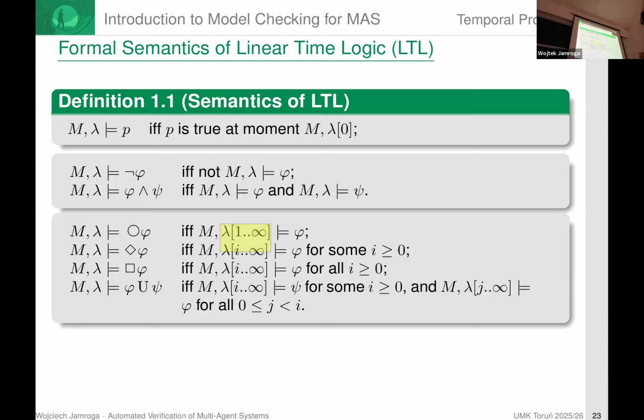But then, so this is very mathematical, and for mathematics, infinity is not a problem, right? But there are much more efficient algorithms that allow you to verify things, doing only finitely many checks, and sometimes quite few checks. So indeed, here you need to check whether phi holds on all lambda, and then if it holds on lambda without the initial state, on lambda without the first two states, and so on ad infinitum.